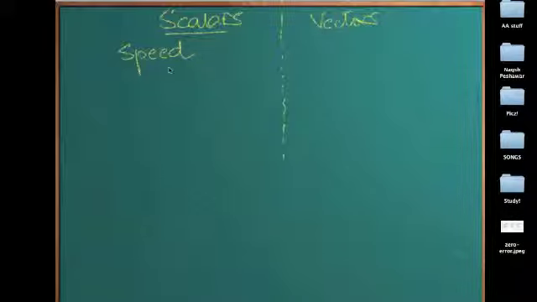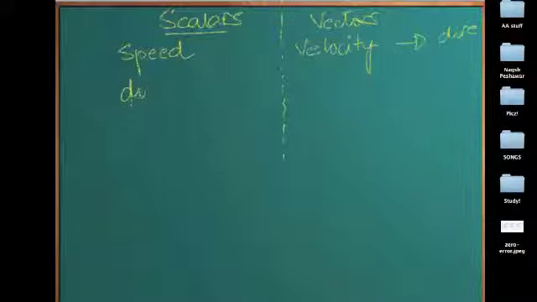When you're talking about speed, it's just simply the magnitude. You tell me 4 kilometers per hour and that's it. But when you say my velocity was 4 kilometers per hour, you will have to tell me in which direction exactly. So velocity is a counterpart of speed. It's the same thing, but with an additional direction to it.